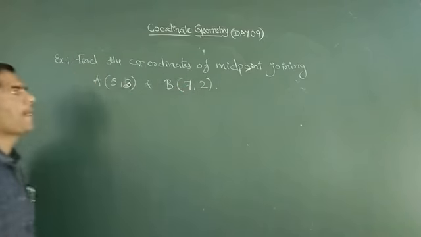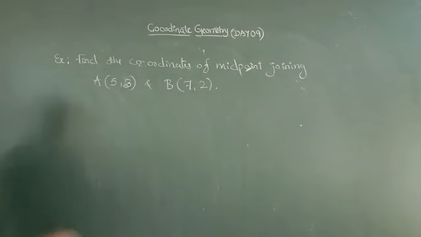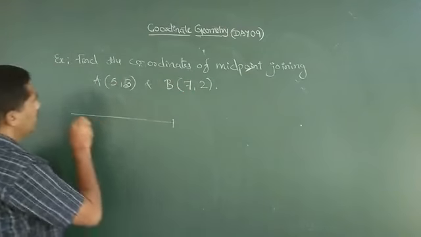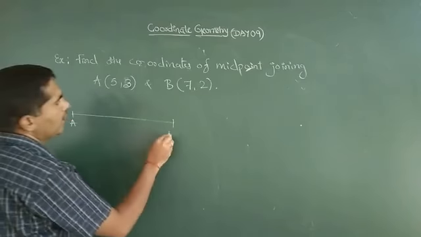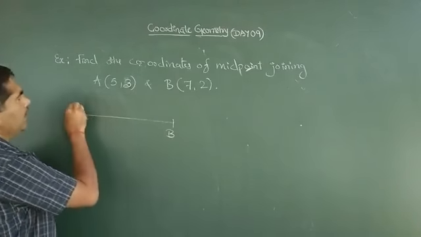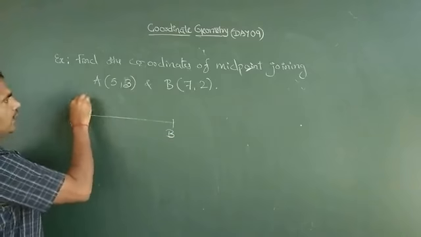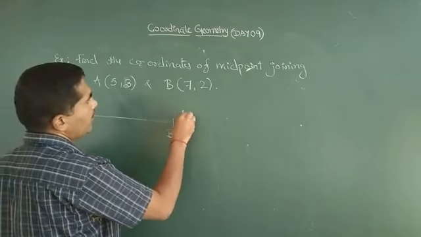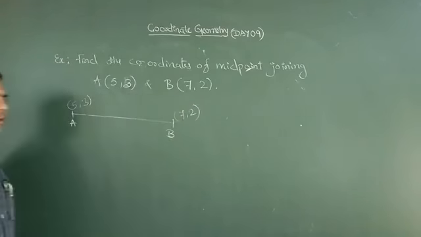To solve, how to find out? AB is a line segment. No need to draw the line segment also. A has coordinates (5, 3). B has coordinates (7, 2). Coordinates of the midpoint you can write orally also.